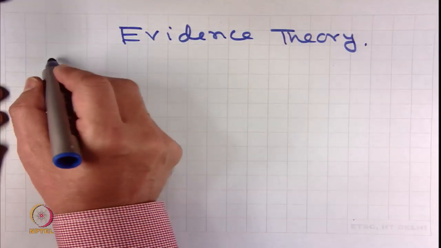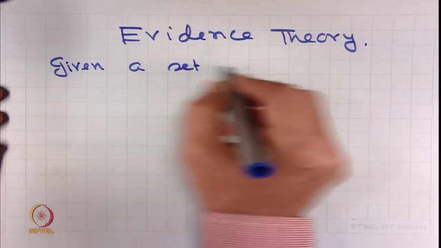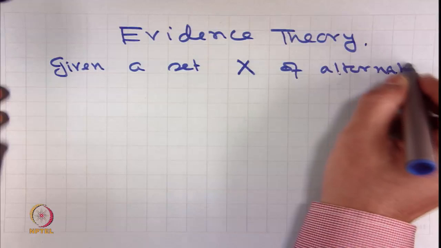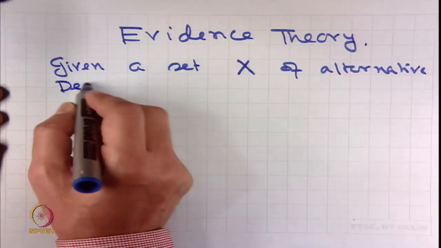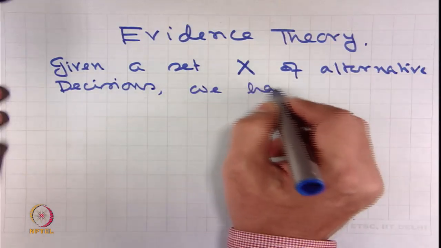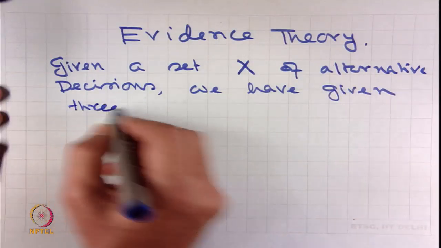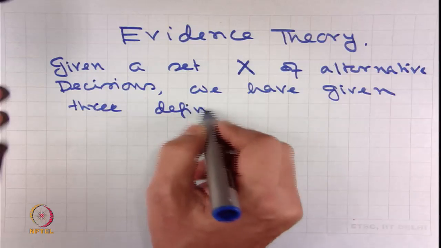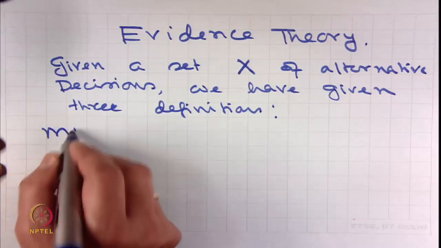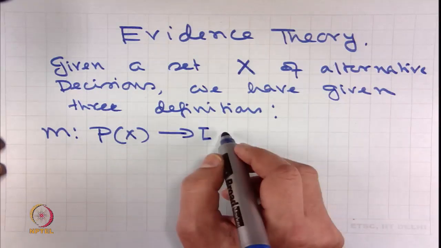In fact, given a set X of alternative decisions, we have given three definitions: M, which goes from the power set of X to [0, 1].